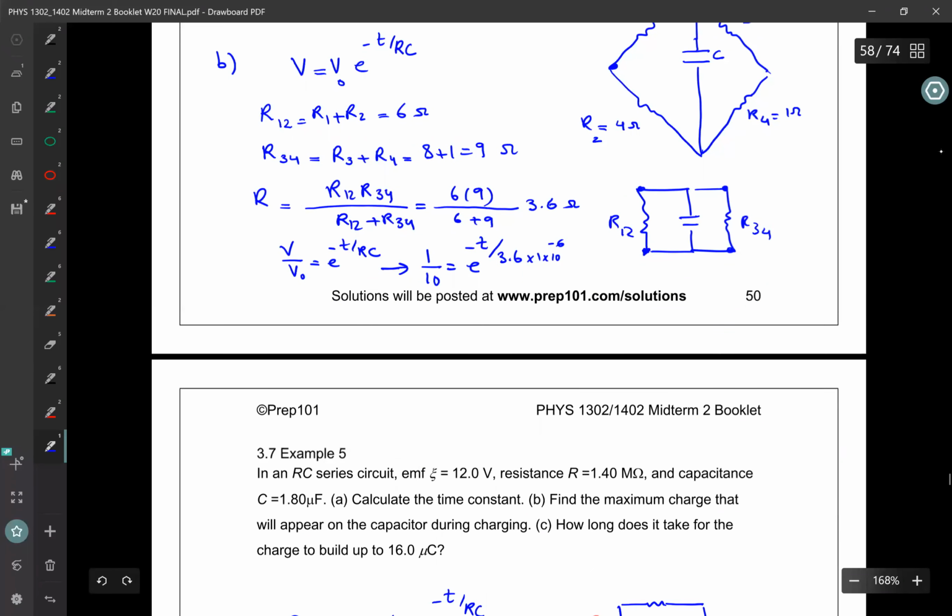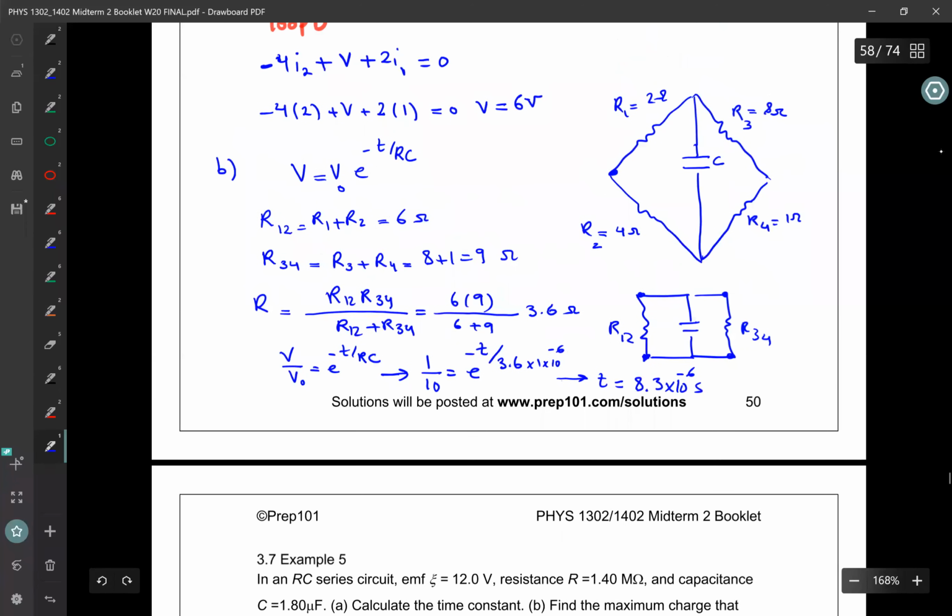Now, take the ln of both sides to bring the t down and then isolate for t. If you do that, you will get 8.3 times 10 to the minus 6 second. And that would be the time for the capacitor to discharge, but also its voltage will be 1/10 of its maximum voltage.